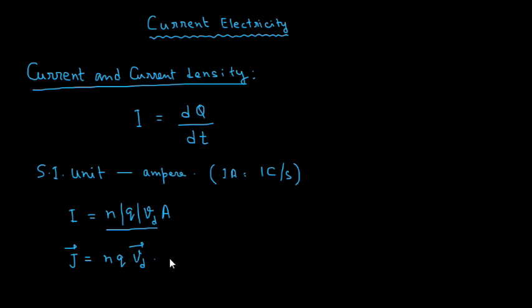So the other way also we can write that current through cross-sectional area. Current is usually described in terms of flow of positive charge, even when the charges are actually negative or of both signs.